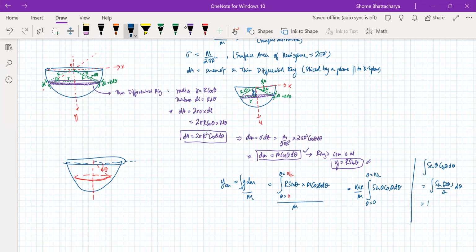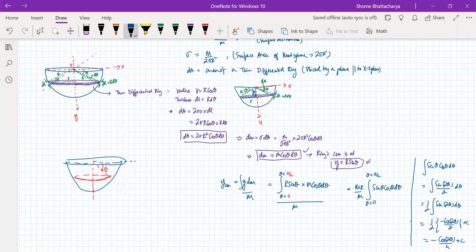So take the half outside and then use the basic formula that the antiderivative of sine theta is minus cos theta. So sine 2 theta's antiderivative will become how much? It will become minus cos 2 theta divided by 2. So this becomes minus cos 2 theta divided by 4 plus c. That's one method we can use. And then put the limits.